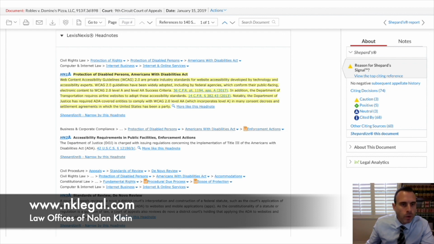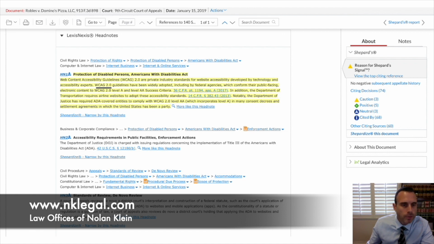Web accessibility guidelines, WCAG 2.0, are private industry standards for website accessibility developed by technology and accessibility experts. WCAG 2.0 guidelines have been widely accepted, including by federal agencies, which conform their publicly facing electronic content to WCAG 2.0 Level A and Level AA success criteria.